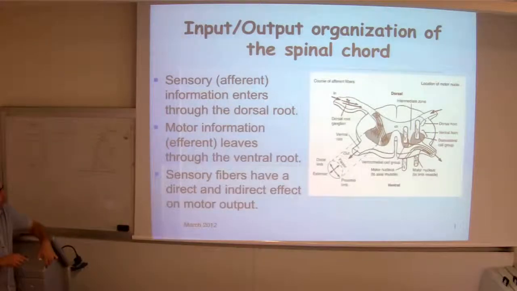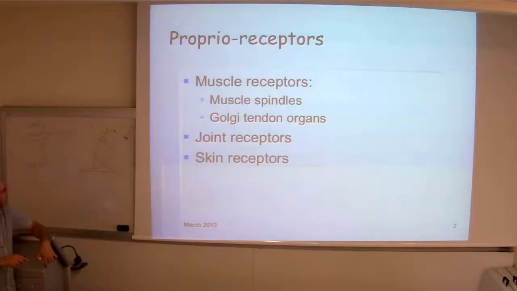Okay? So there are mainly two types of organs that we'll talk about. One is called the muscle spindle, and the other is called the Golgi tendon organ.